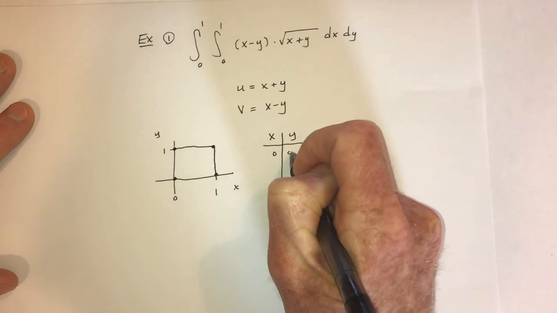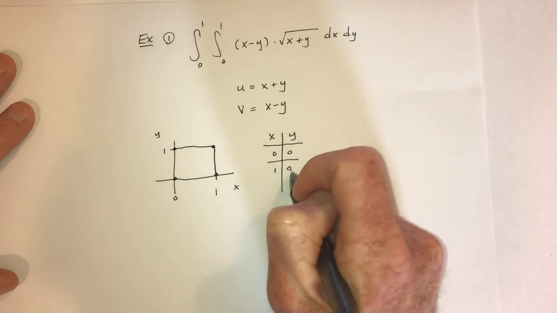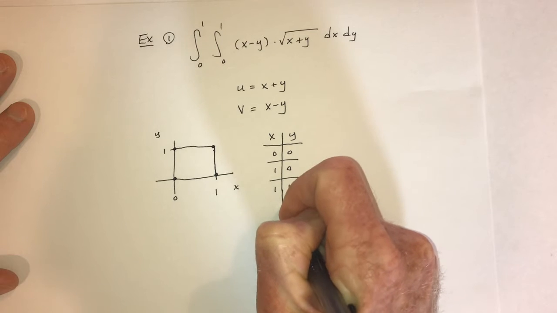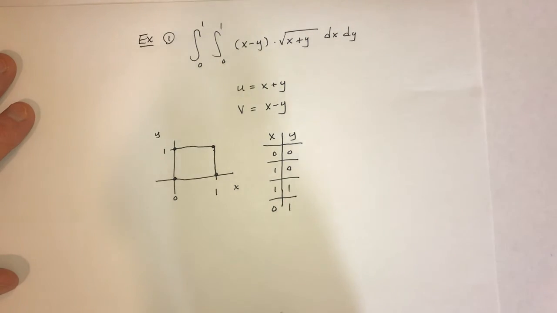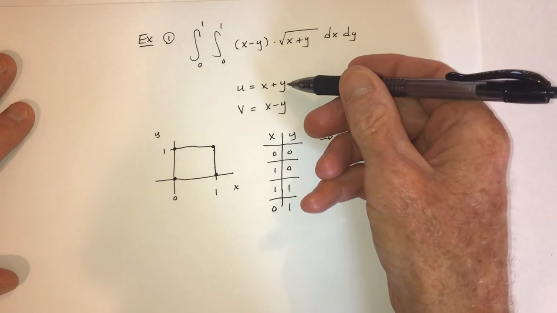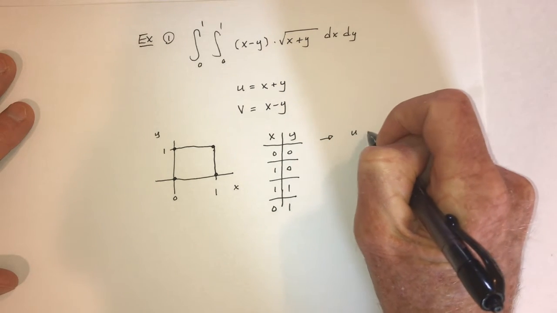So that would be 0, 0, and then 1, 0, and then 1, 1, and 0, 1. Then, using this transformation right here, if you plug in the numbers for x and y, then you're going to get the u and the v.